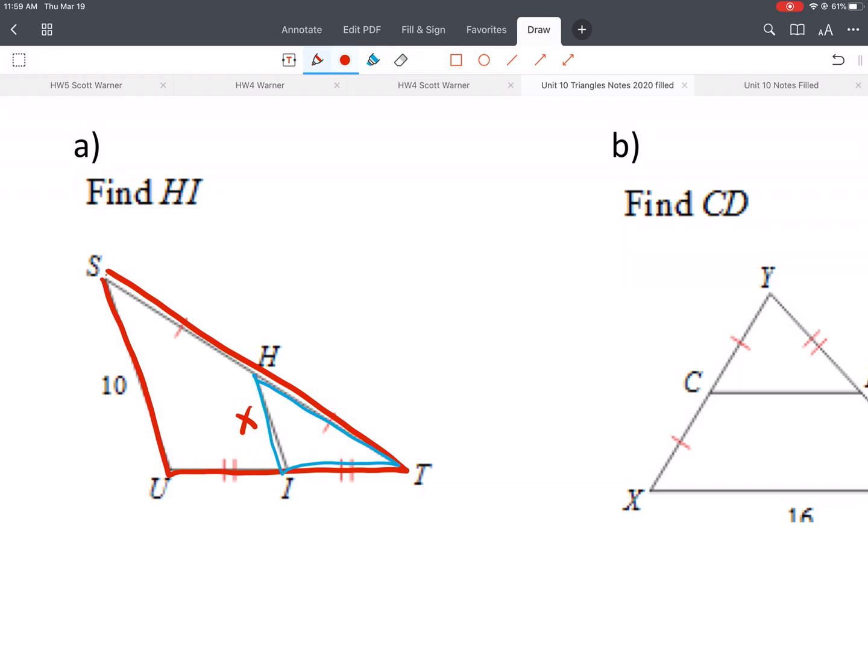So here we have the big triangle. You could even say something like this is twice the size of this. So the scale factor to get from the big triangle to the small triangle, you would need to multiply it by 1/2. So all we need to do is 10 times 1/2 will give us x.